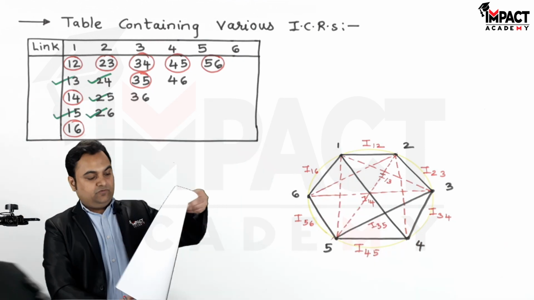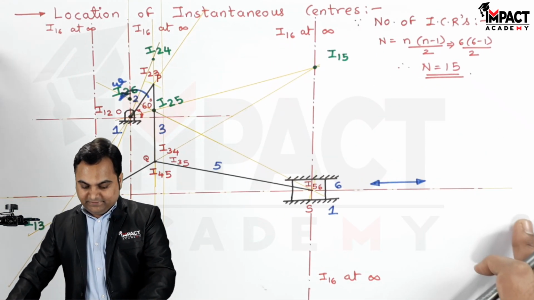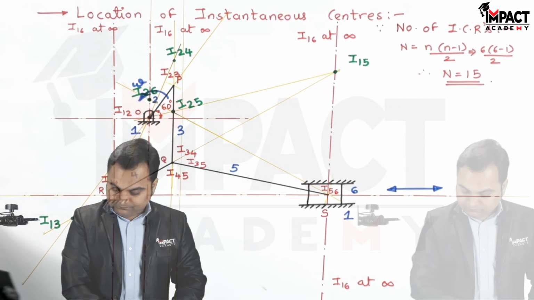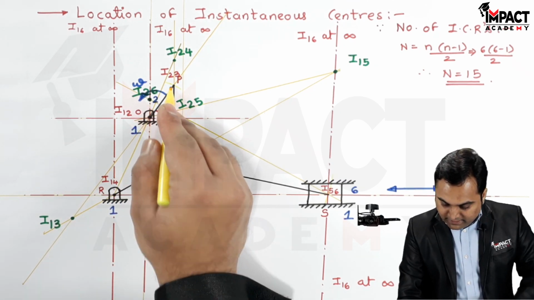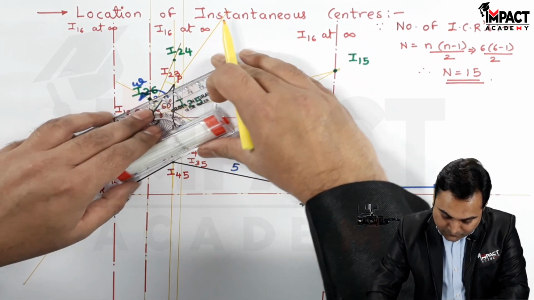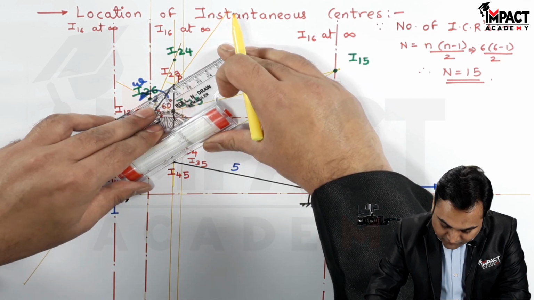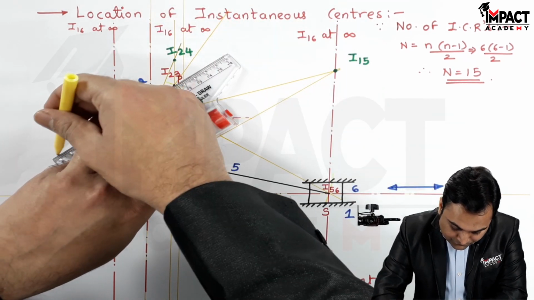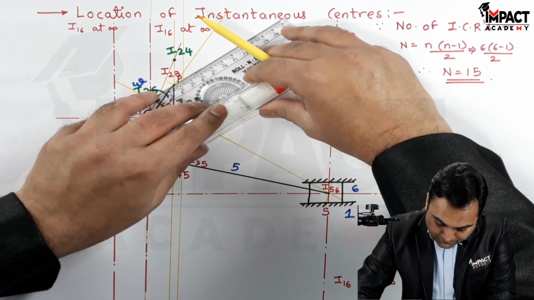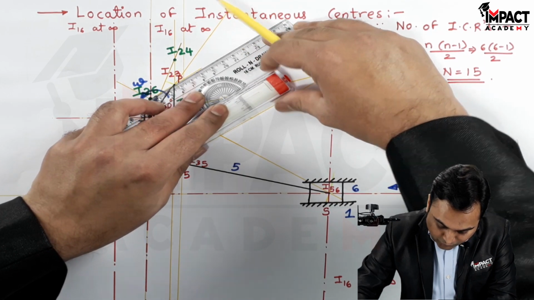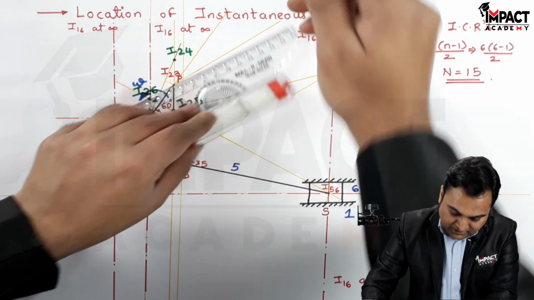So 2, 6, 2, 3 would be projected light. Here there is 2, 6 and 2, 3. I am joining them with the help of a very light line, projecting it light on both the sides, because we never know where the ICR is going to cut.